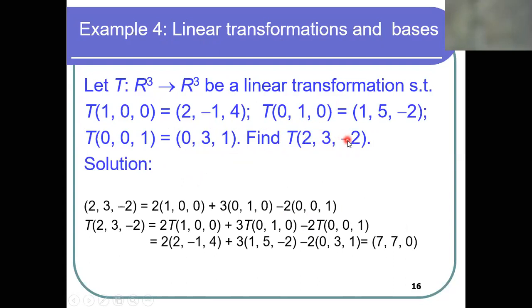So dear student, this is an arbitrary element, and as I told you, it can be written as a linear combination of basis elements. Basically, these are the standard basis elements in R3: (1, 0, 0), (0, 1, 0), (0, 0, 1).